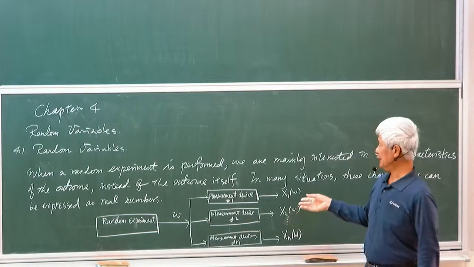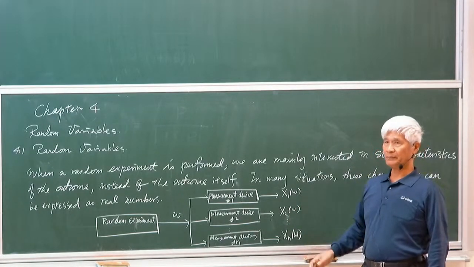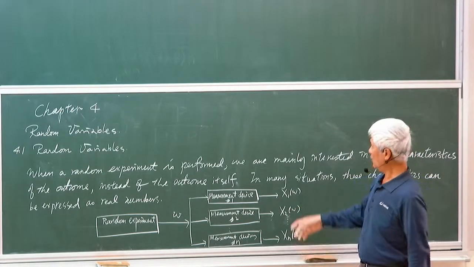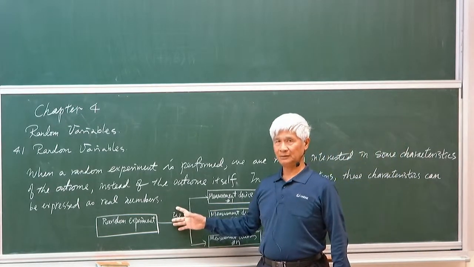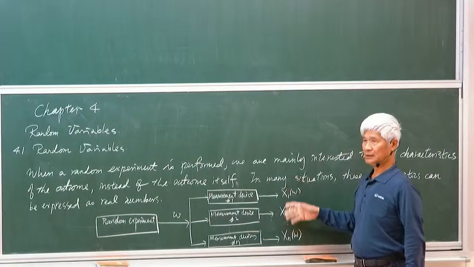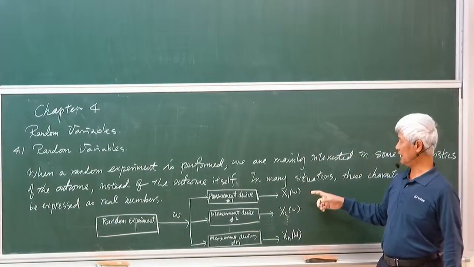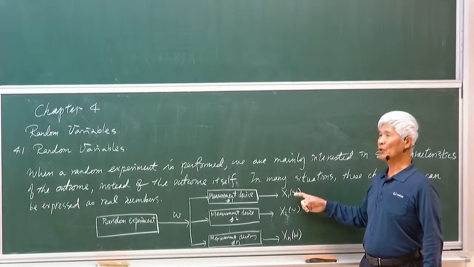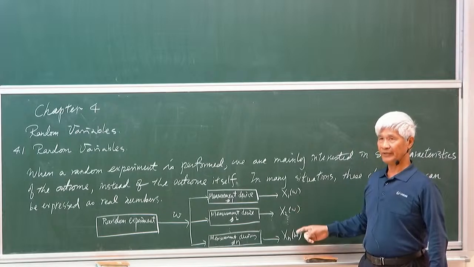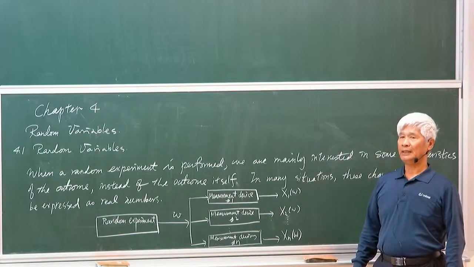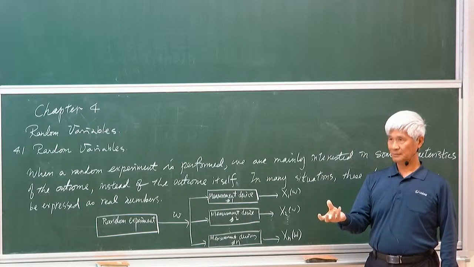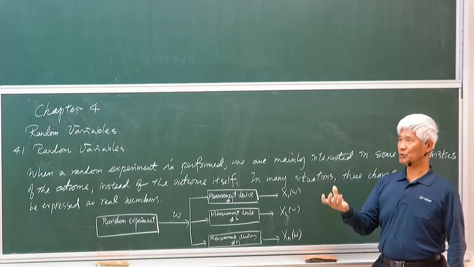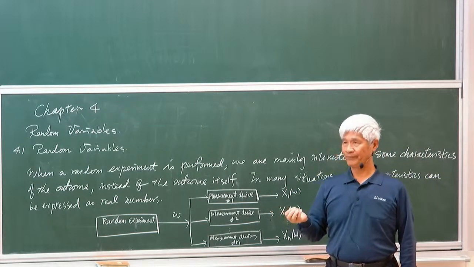Okay, so it becomes more and more difficult. But all these things are based on a patient, and you do a lot of measurements. So you have a lot of random variables, as we will see, and you should treat a bunch of random variables to do statistical analysis.